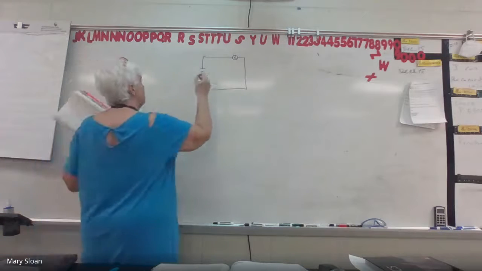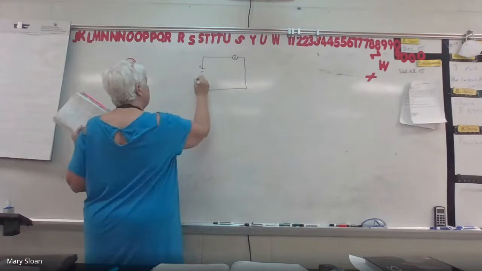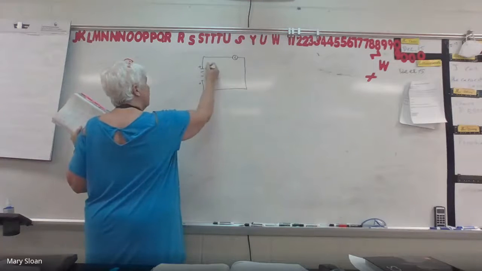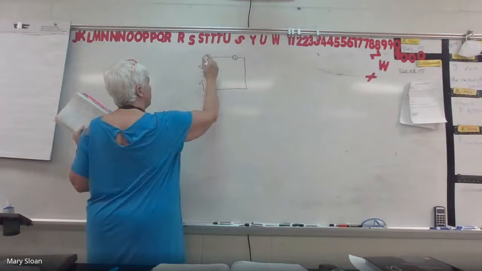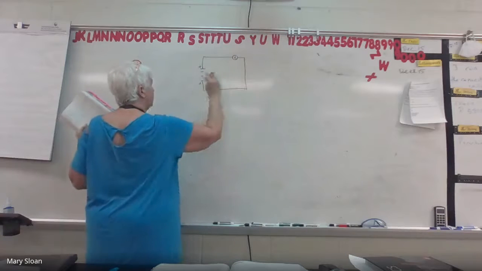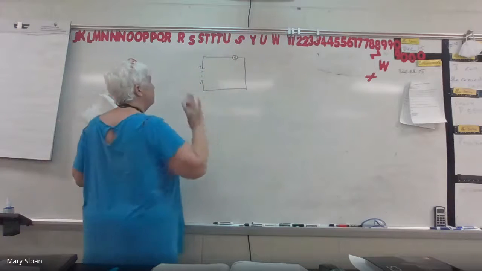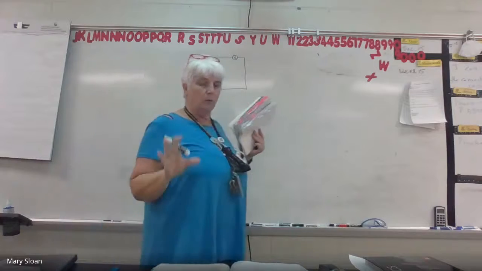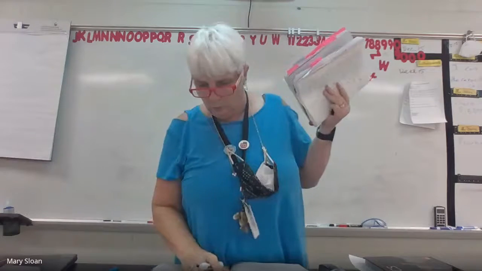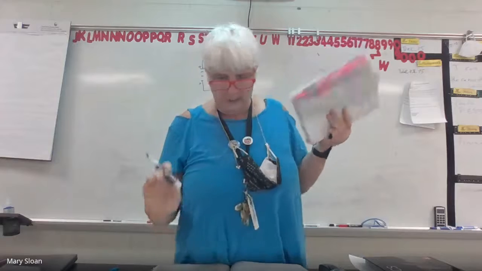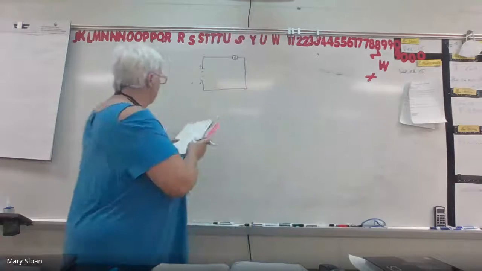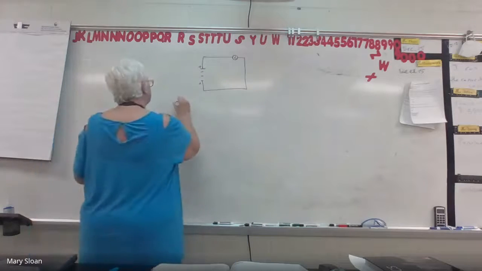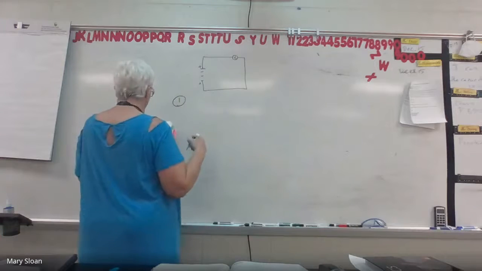What happens is you have a positive and a negative on your battery. This right now is basically telling you there are 2 batteries. Current goes around the circuit, and this capacitor changes the amount of voltage there. So it says, what is the charge on each plate of the capacitor? The first thing you want to do is write down your variables.